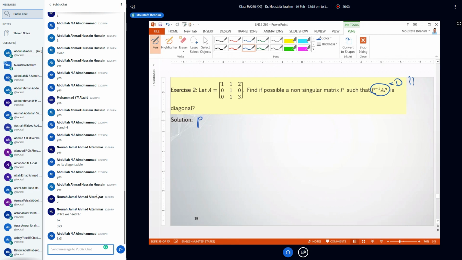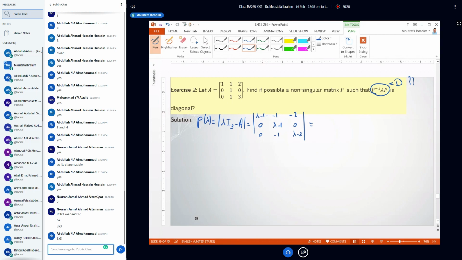So let's check the determinant of lambda I3 minus A. It's equal to lambda minus 1, minus 1, minus 2; 0, lambda minus 1, 0; 0, minus 1, lambda minus 3.